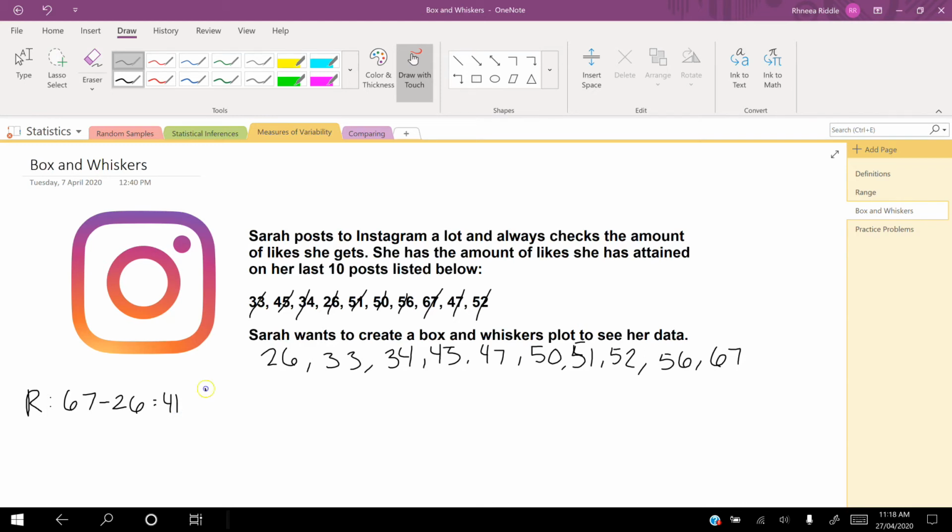Our median, if we cross them out and do what we did before, it's going to be 26, 67, 33, 56, 34, 52, 45, 51, and the number in between 47 and 50, which is 48.5.